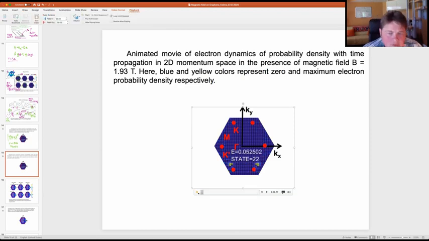Can you make a comment about this delocalization of the eigenstates and the cyclotron trajectories?